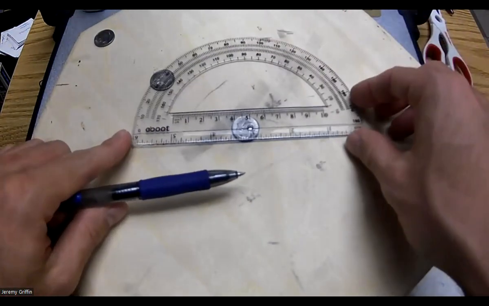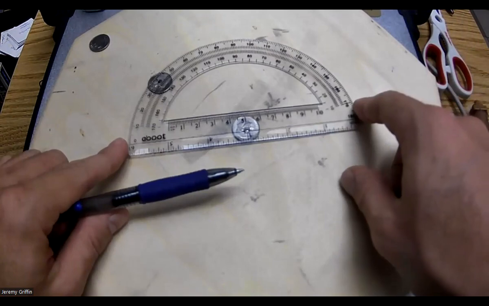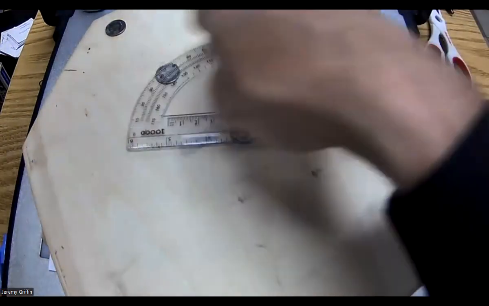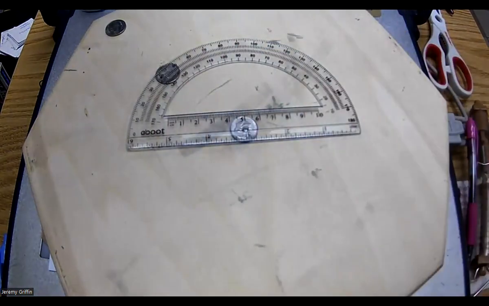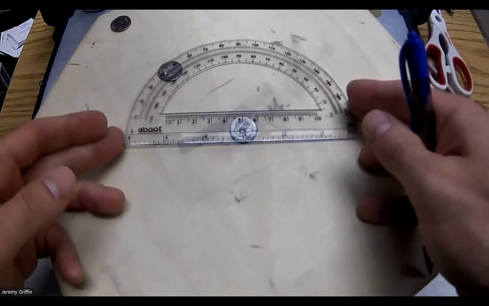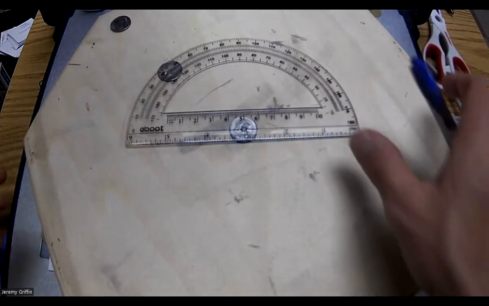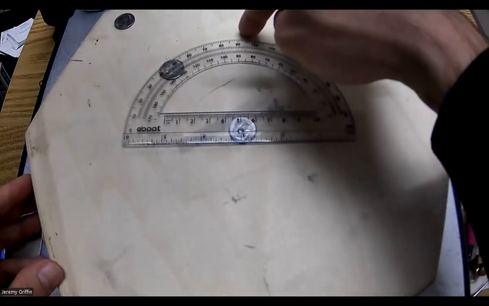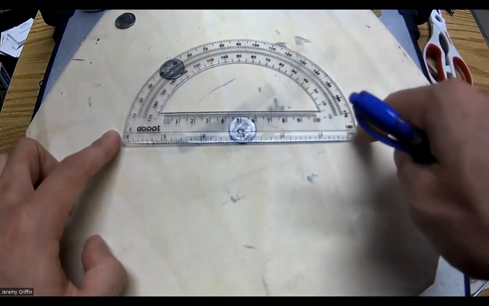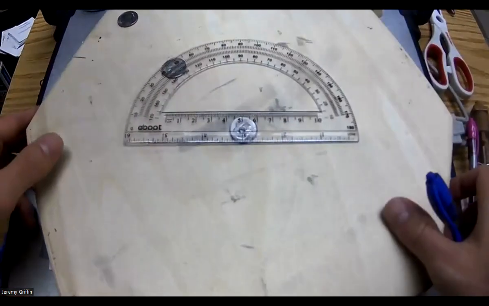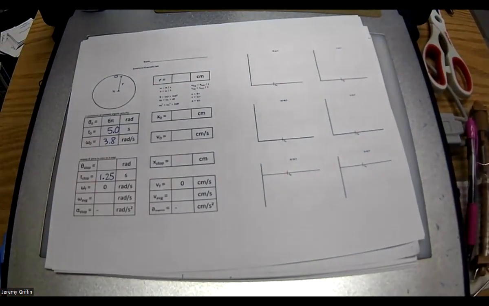That looks like 135 degrees. Again, I don't really care about degrees so much, but we can measure it in degrees and then convert that into radians. From here to here is 90 degrees, this whole thing's 180, and this was about halfway between those two. So 135 degrees, how many radians would that be?